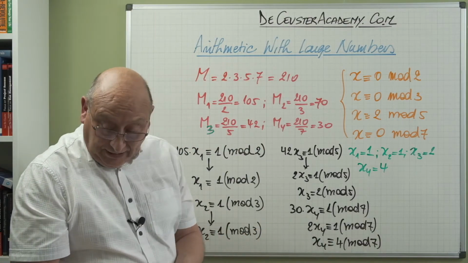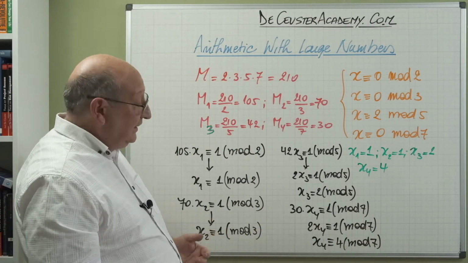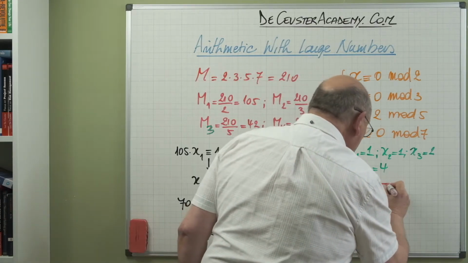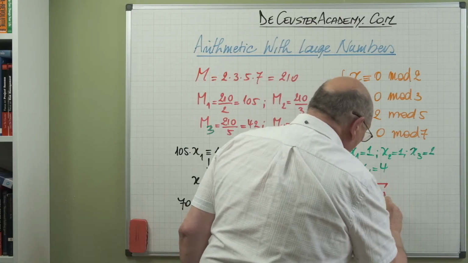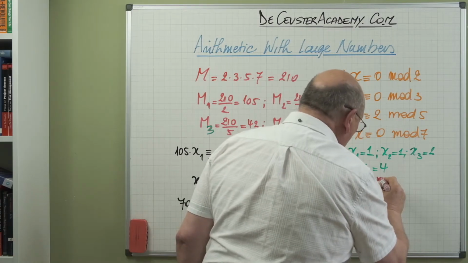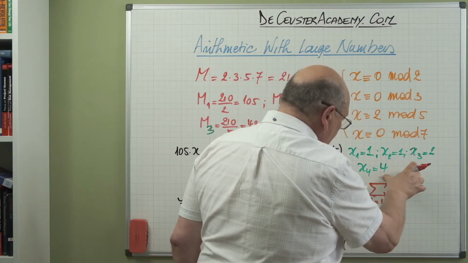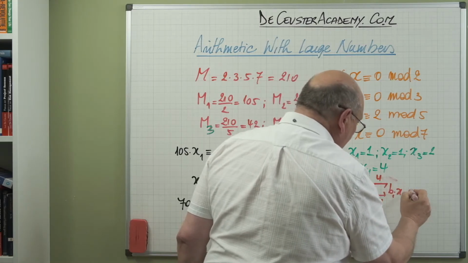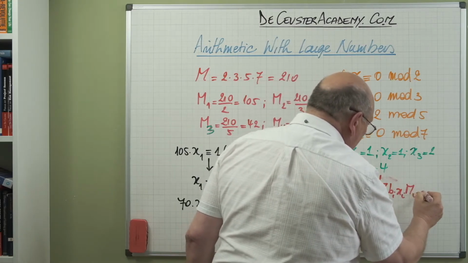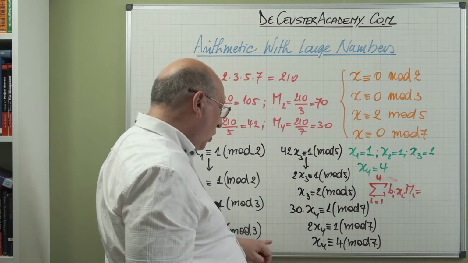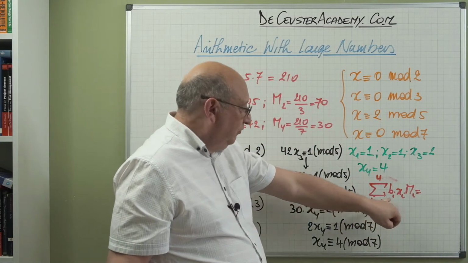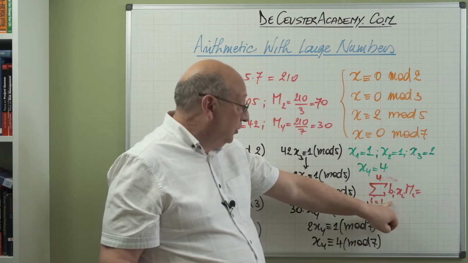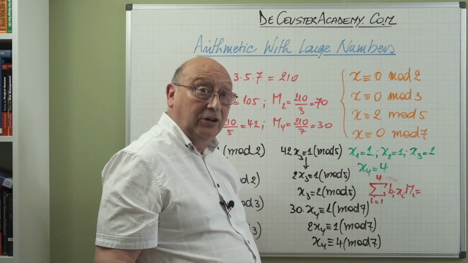Now, we know that the solution is in fact equal to the sum for i equal to 1 to n, in our case to 4, of bi xi mi, but in our case it's only x3 for which b3 is not equal to 0. All the other parameters are 0.